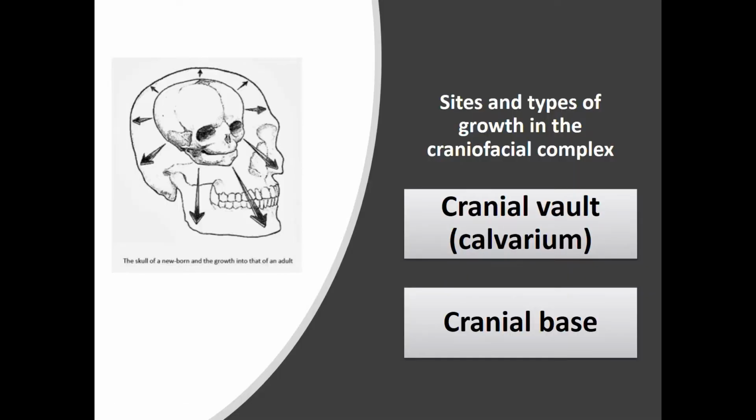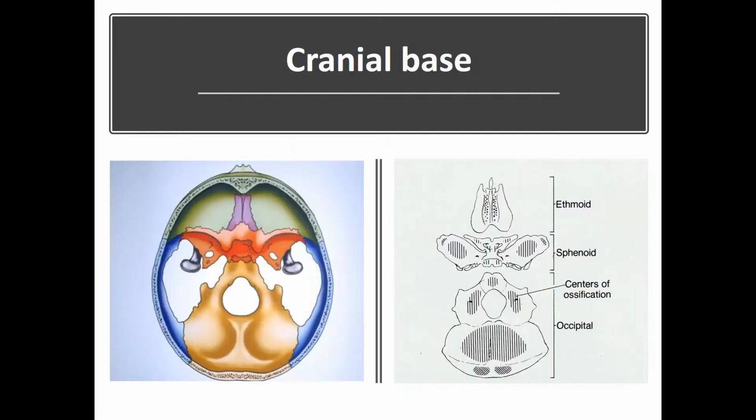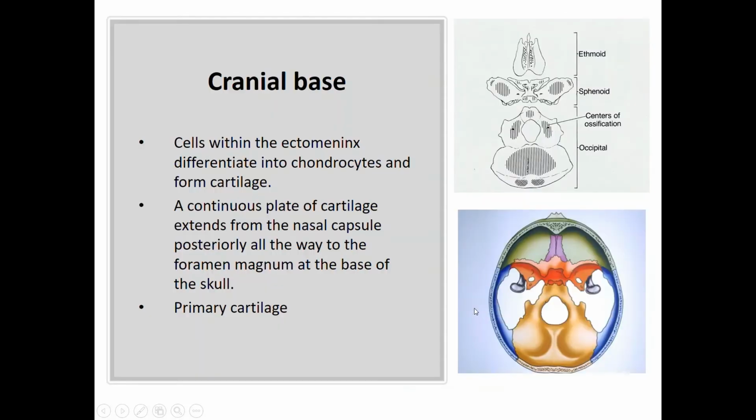Now, the second site of growth is the cranial base. The cranial base consists of the ethmoid bone, the sphenoid bone, and the occipital bone. Now, what happens in the cranial base is different from the cranial vault, because the ectomeninx that covers the lower border of the brain actually acts differently.